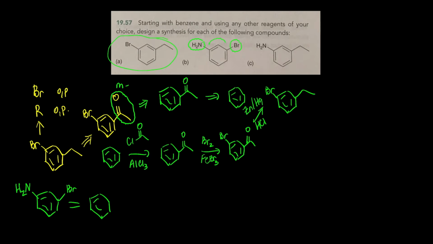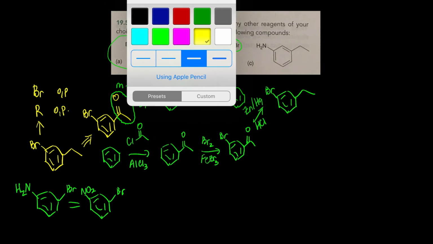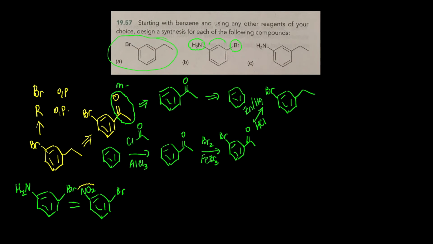So we're going to think about this coming from nitro groups, because that guy right there is a meta-director, and we have halogen at the meta position. So that can come from nitrobenzene, and that can of course come from benzene.